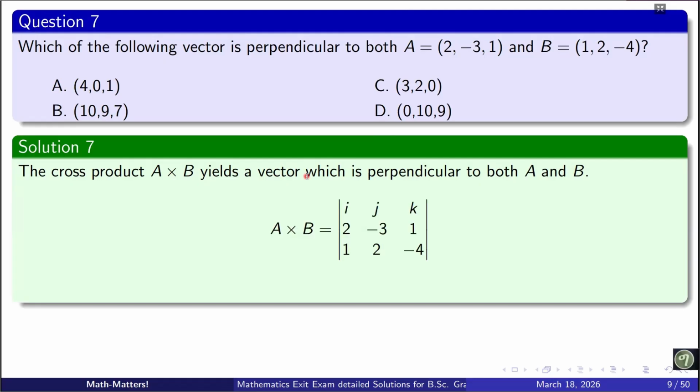Therefore, the cross product of the two given vectors, using the i, j, k notation, we have the first row vector a, and this one is b.